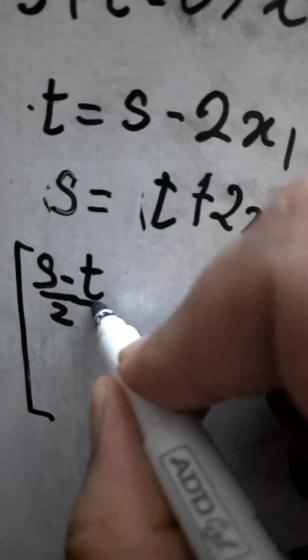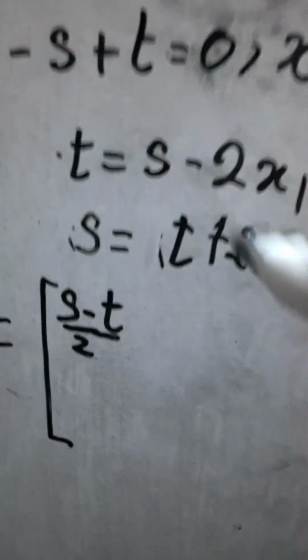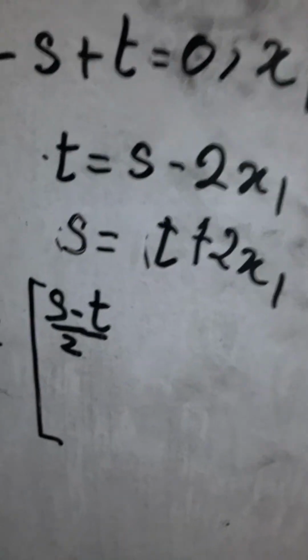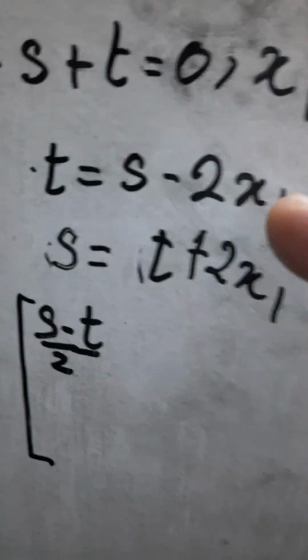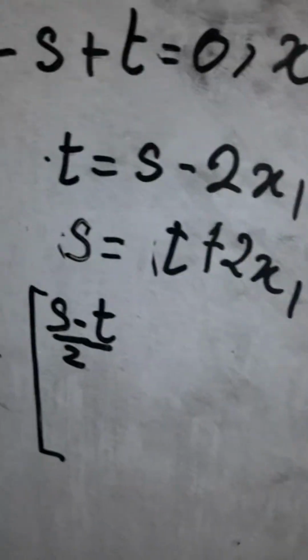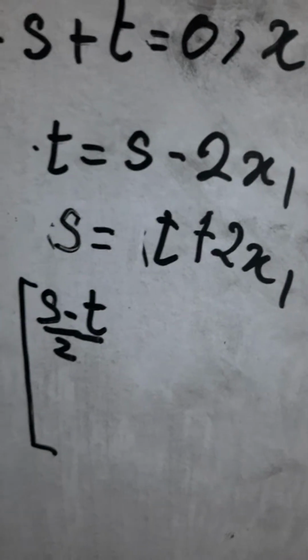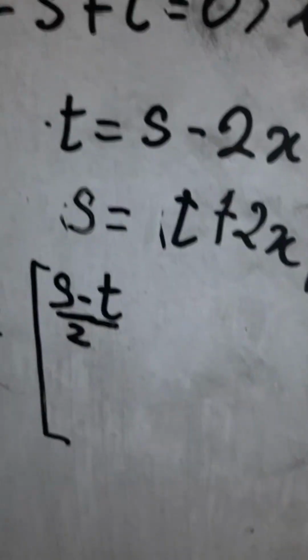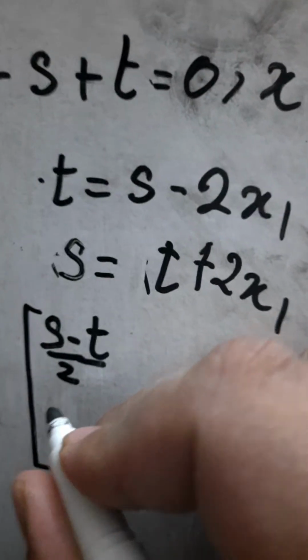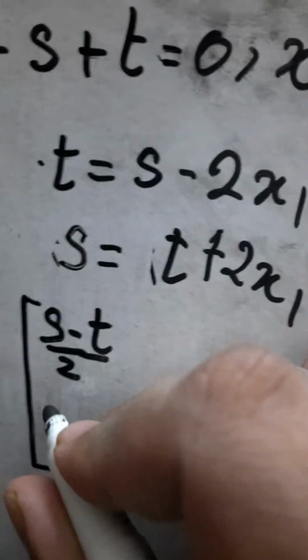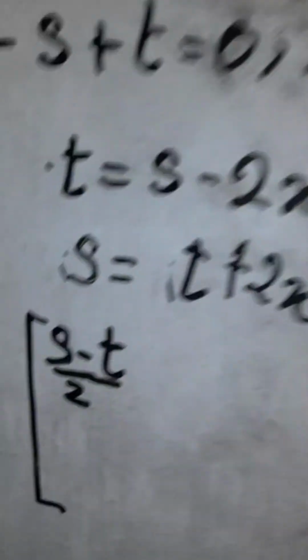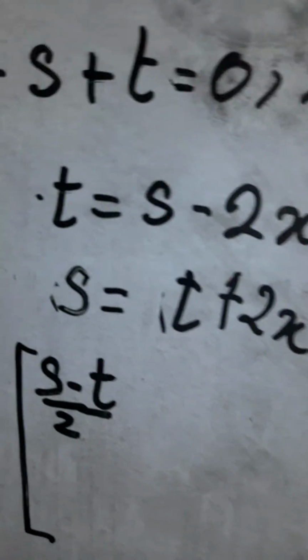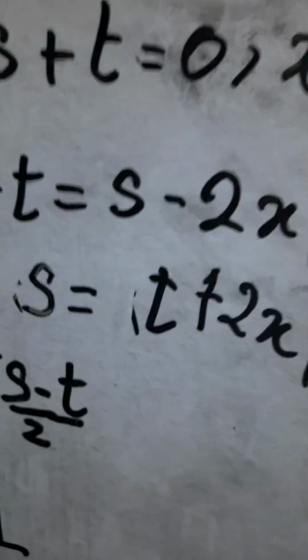S minus t by 2. Now this would be in x1.